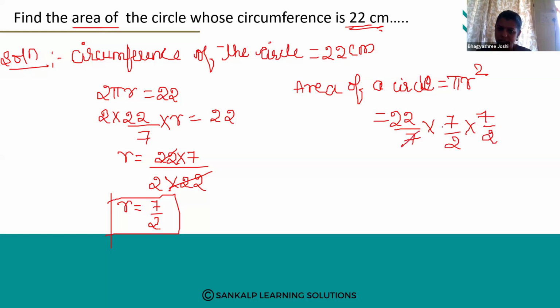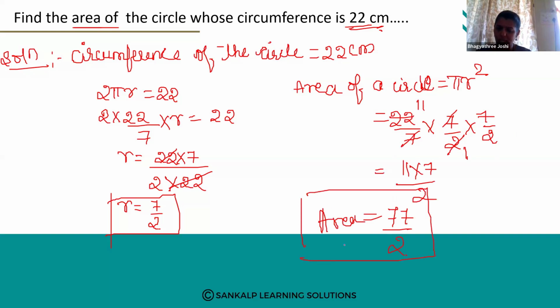So 7 and 7 will get cancelled. 7 ones are 7, 2 ones are 2, 11s. So 11 into 7 divided by 2 ones are 2. 11 into 7 is 77 divided by 2. So this is the area of the circle.